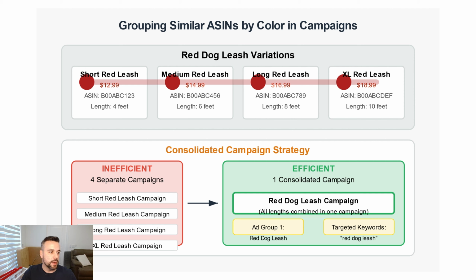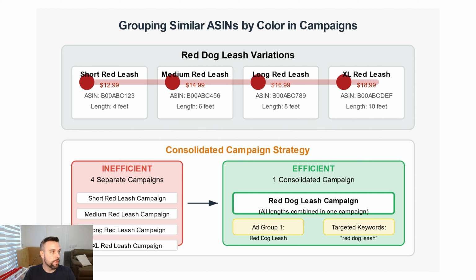Now, you've probably seen my other videos before, but the same rules apply where you try to use a maximum of 5 keywords per campaign. And you can just create another campaign, combine all the red dog leashes together and target those keywords. Now this goes for every other variation, the blue, orange, group them all together by color.